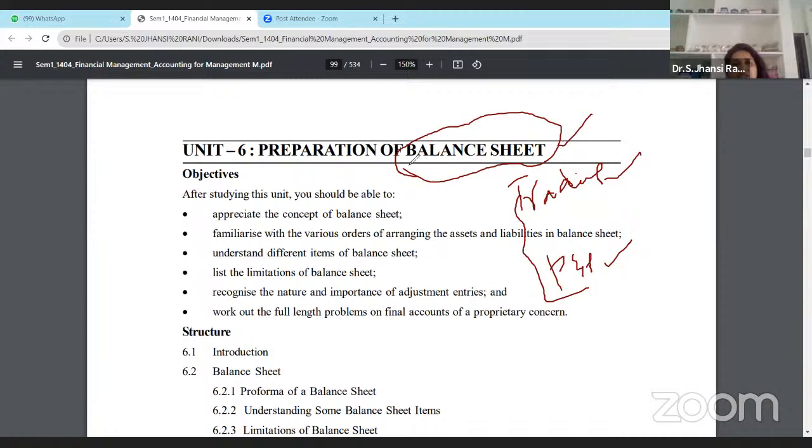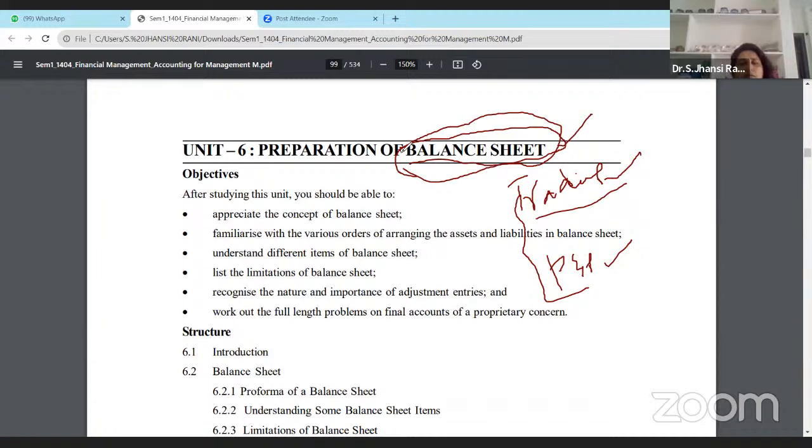The balance sheet is not an account. The trading account we call an account, where we have debit and credit, all expenses and all incomes, and the difference will be either gross profit, net profit, gross loss or net loss. But here we are not calling it an account, only a balance sheet. It's a statement where we write all our assets and liabilities.